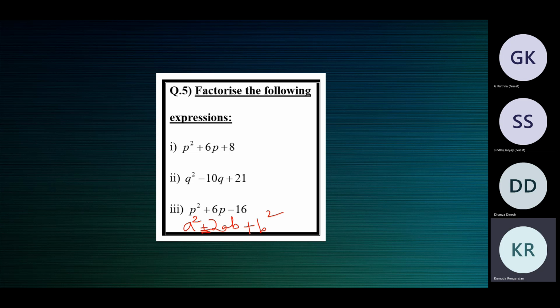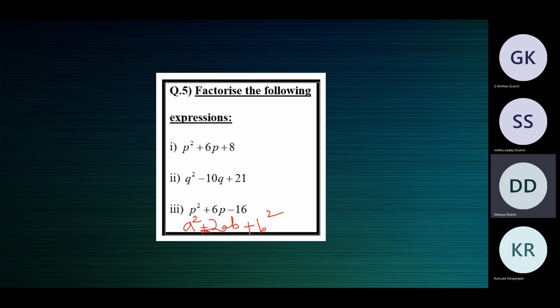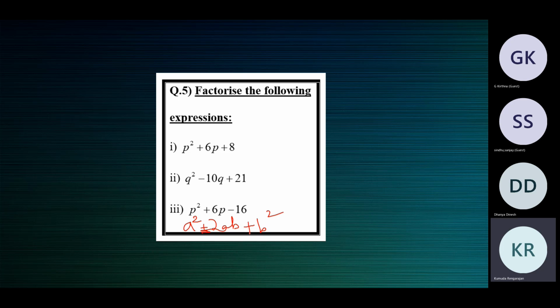It can be a square, plus 2ab or minus 2ab, but it should be plus b square, and here it's minus 16, minus 4 square. The signs don't match, so you cannot use the identity. Though we have two perfect squares, p the whole square and 4 the whole square, it is minus b square.